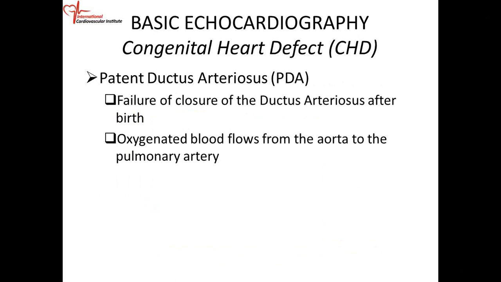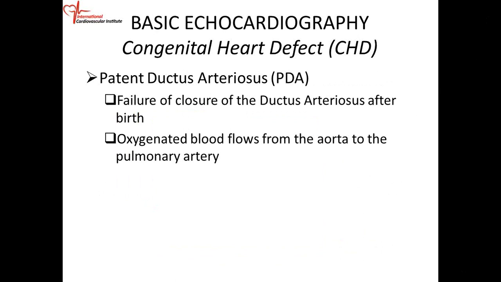Oxygenated blood flows from the aorta to the pulmonary artery because the pressure in the aorta is greater than the pressure in the pulmonary circuit. Over time, it can give you similar problems to a VSD, in that it causes volume overload on the LV.